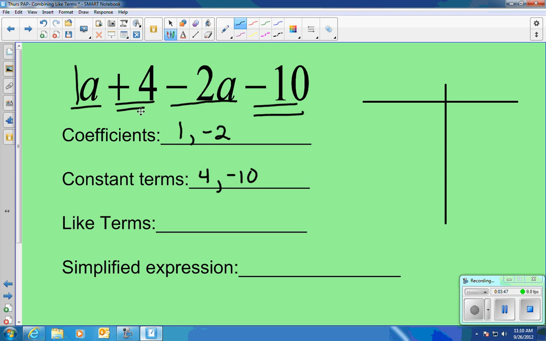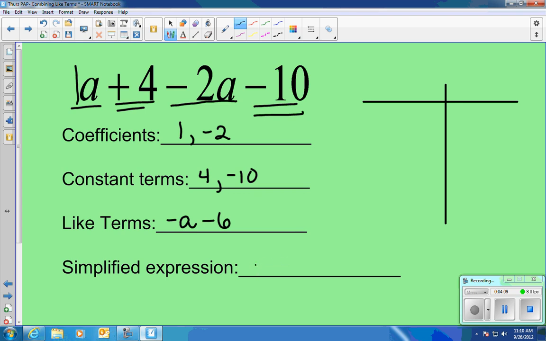And see how I use my underlining to kind of highlight my like terms? It makes it a little bit easier when you get to combining. So 1a and negative 2a makes a negative 1a left over. And all I really have to write is the negative a. The 1 is understood. 4 and negative 10 is minus 6.